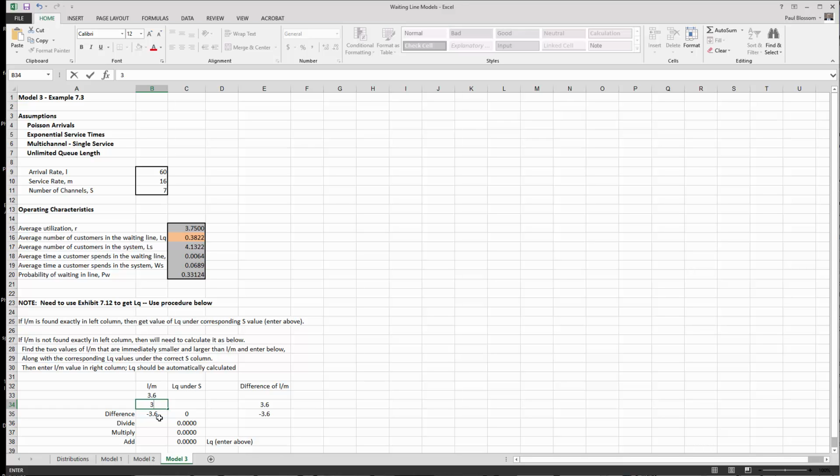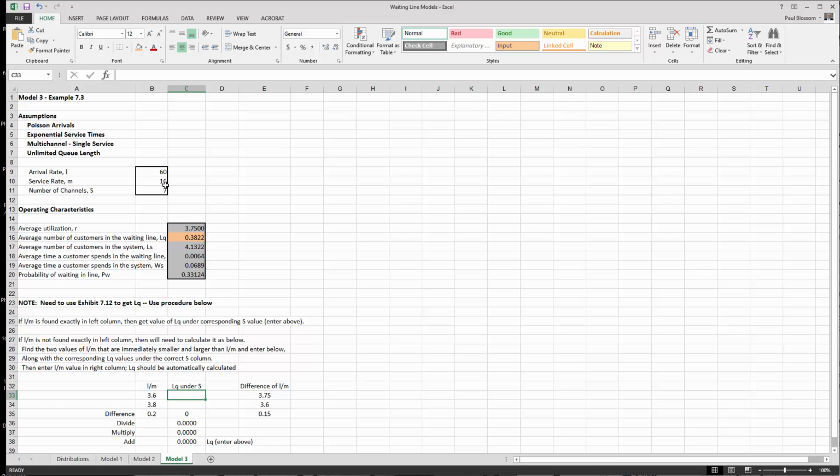Okay, I put that in there. And I want over here, right under the difference of L over M, I want 3.75 in there. Okay. Now, it still hasn't calculated anything because I have to look up the numbers.